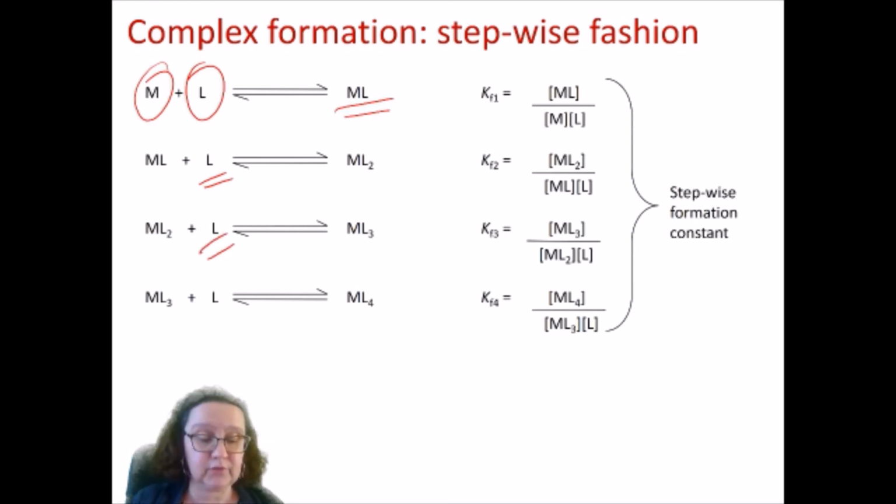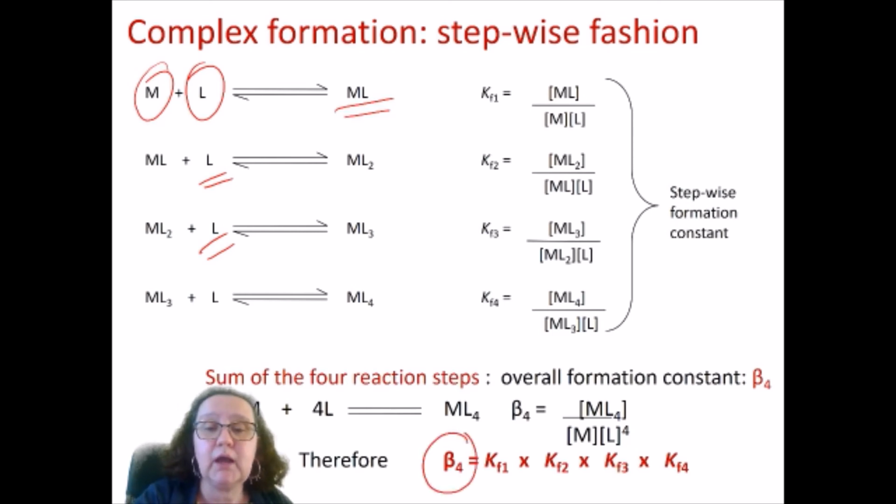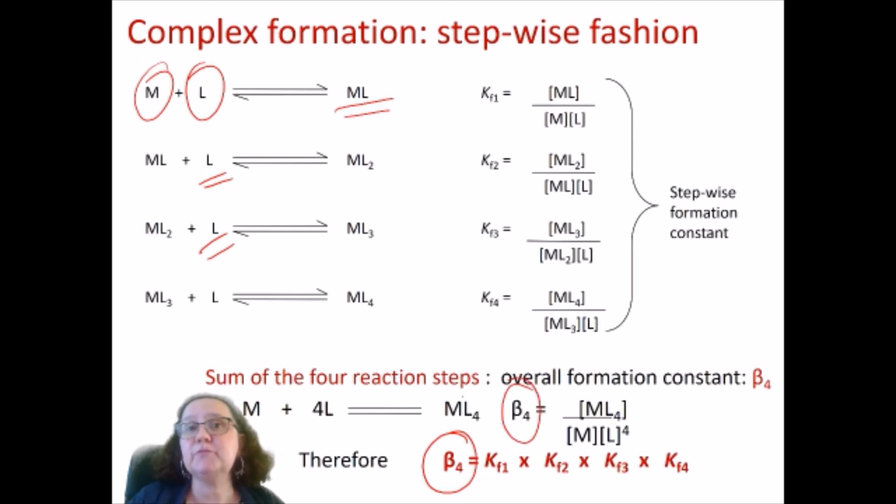You end up with what is called the overall formation constant, which is the idea that it takes these many steps for a whole complex to form, and how difficult or how easy it is overall will depend on the individual steps.